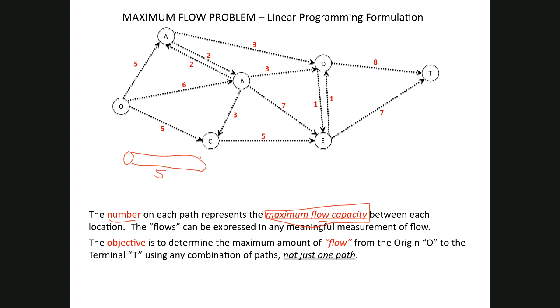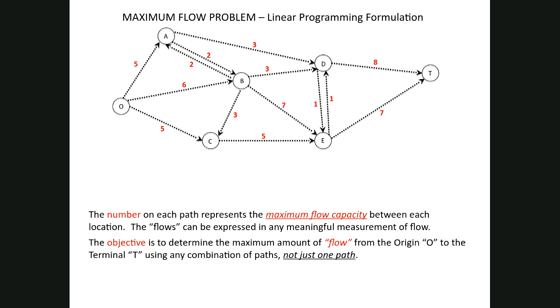You can think of that as 5,000 gallons per hour or whatever you'd like. It's water going in and then water coming out, but it only has a capacity of 5. And these then, as we'll talk about later, become constraints.